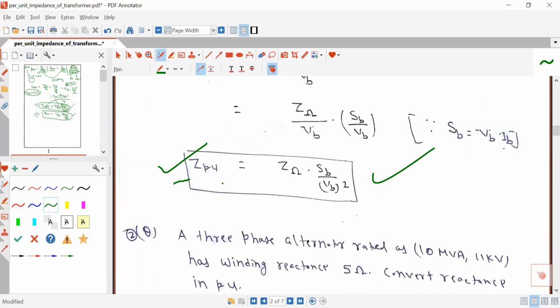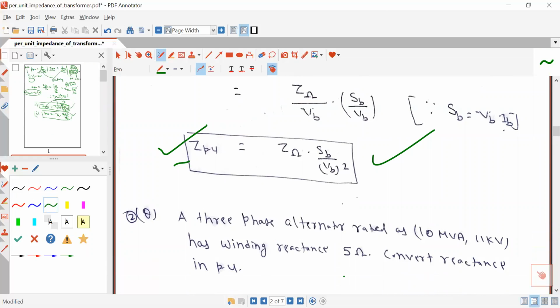Now, based on this formula, there is one example here. A three-phase alternator rated 10 MVA and 11 kV. Here rating is given. This is the base value of total power, and this one is the base value of voltage. According to recommendation, you have to convert rating as the base value.